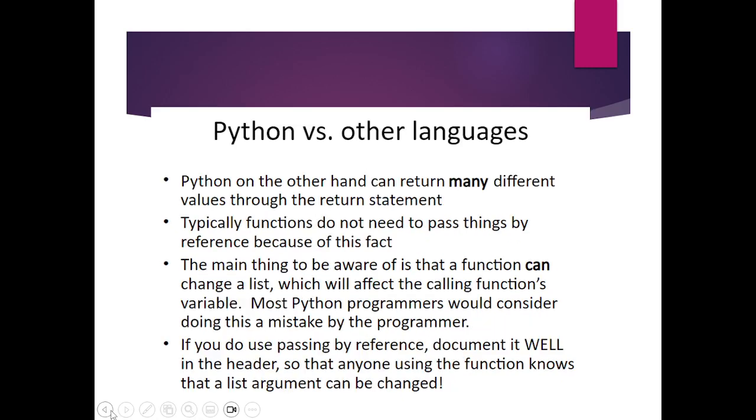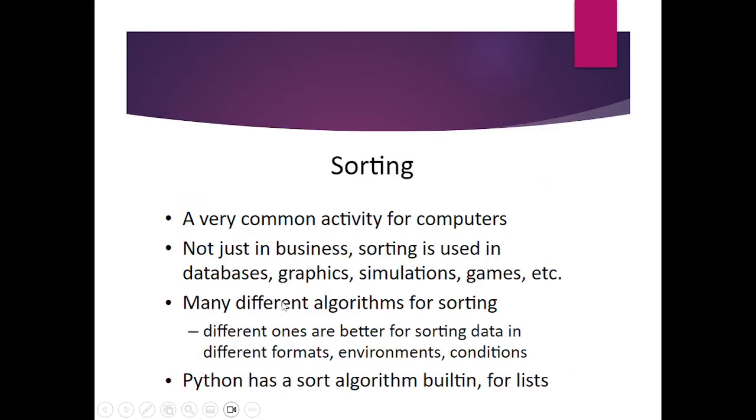So next slide is sorting. What is sorting? Sorting is a very common activity for computers. Not just in business, sorting is used in databases, graphics, simulation, games, and so on. For example, in a database, you will go with sorting from 1 to n, where n is the end of the count.